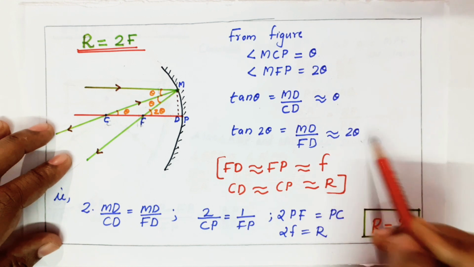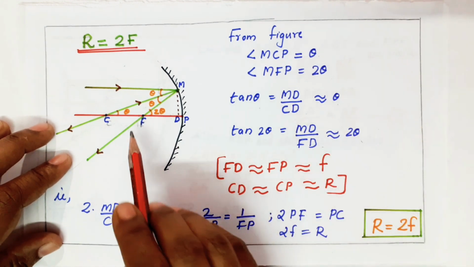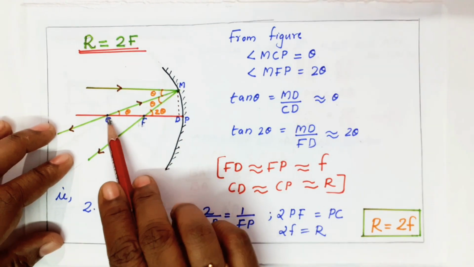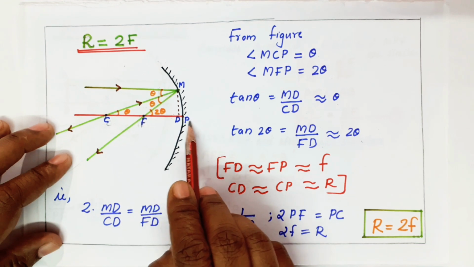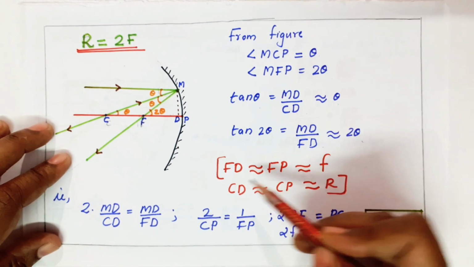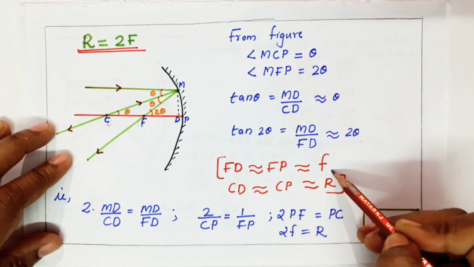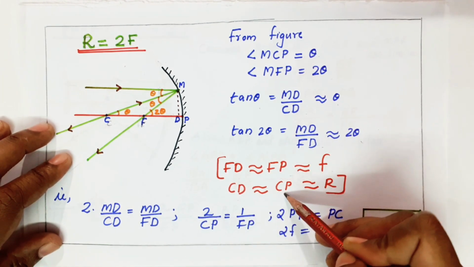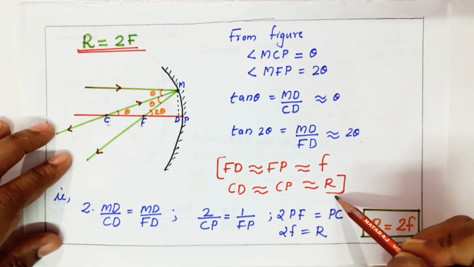That will be equal to 2 theta. Next, remember CD can be approximately equal to CP, and FD approximately equal to FP. So FD approx FP, that is F, and CD approx CP, that is R.